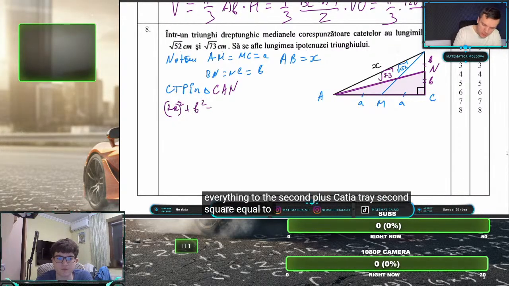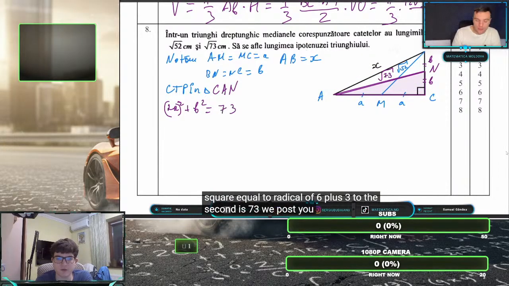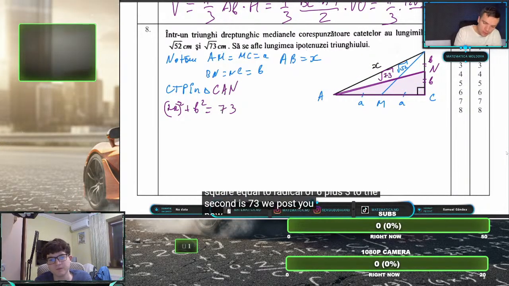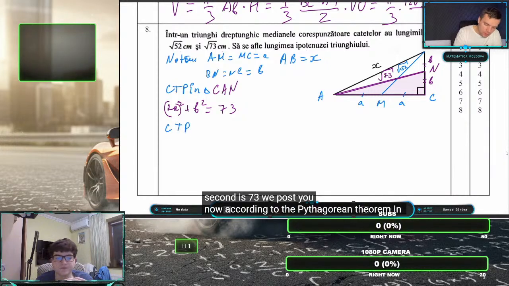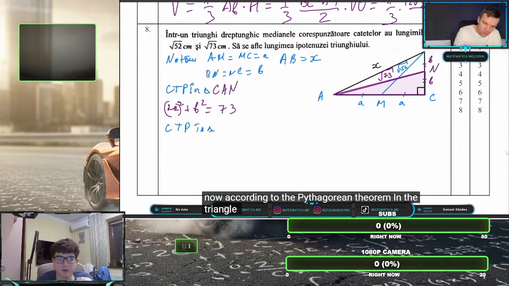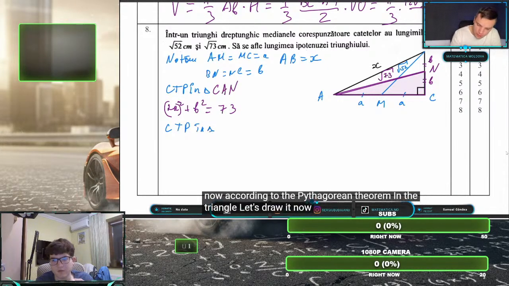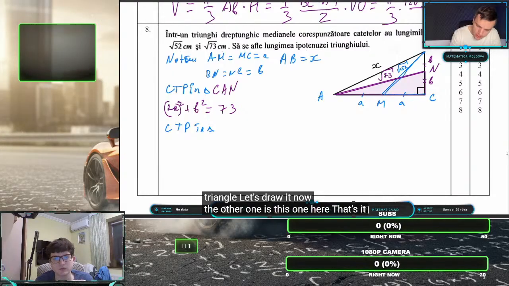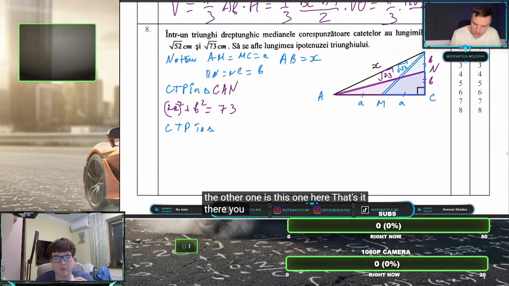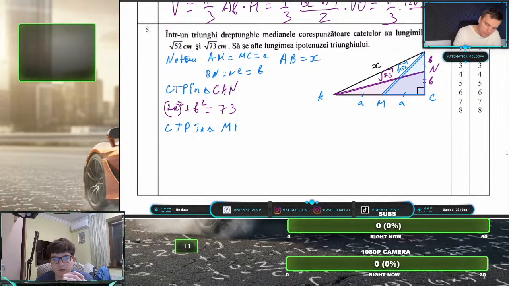So 2a to the second power plus b to the second power is 73. Yeah, that's exactly how the Pythagorean theorem works, which solves pretty much everything here. And now we got the MBC triangle.